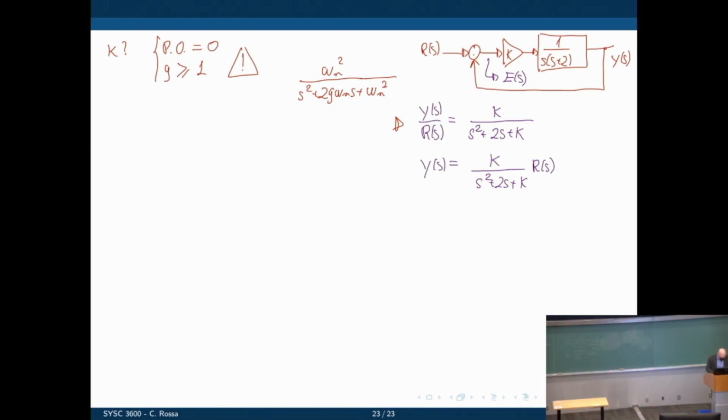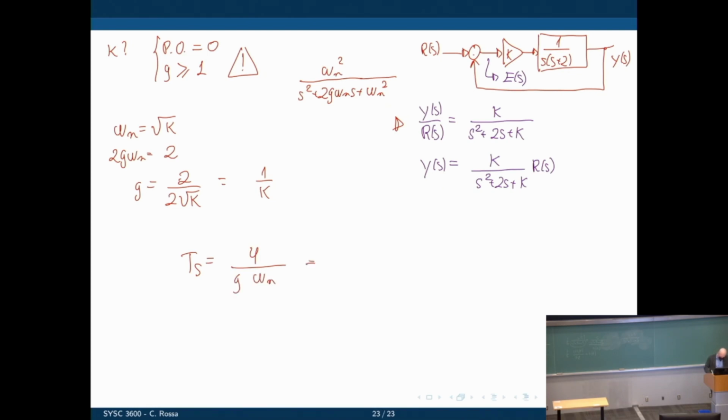So we have the same numbers again. Omega n equals the square root of K, 2 zeta omega n equals 2. We can find here zeta as 2 divided by 2 square root of K, which is 1 over square root of K. And you can find the settling time as 4 divided by zeta times omega n.